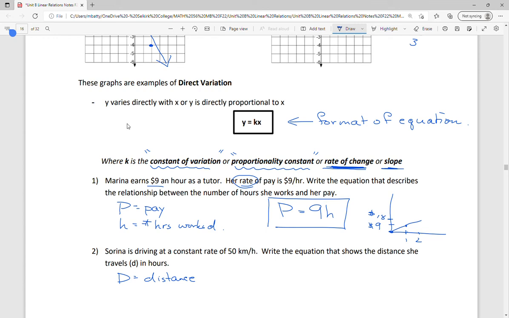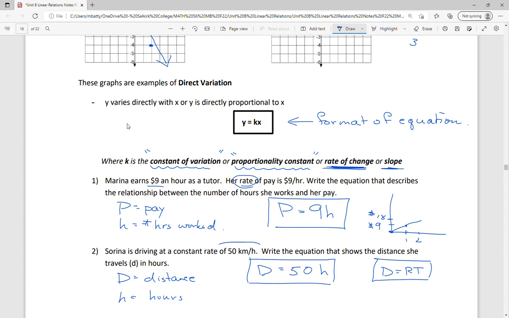And then h is hours. The distance you travel is always equal to the rate you travel at, so 50 times the number of hours that you travel, right? Distance equals rate times time. That's always like a constant thing, and it's something that you know, but here's an example. This is your rate of travel, right?